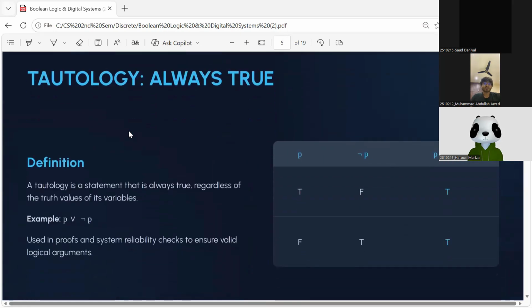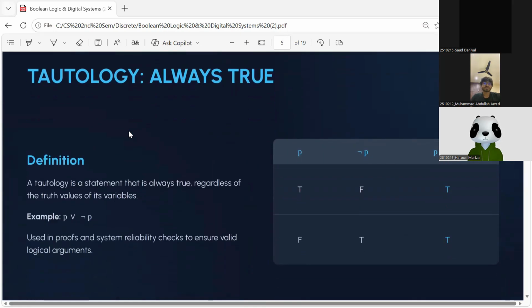So we have tautology, which is a statement that is always true. Here we can see that if T is true and we put an OR gate between T and not T, not T means the opposite of T. So if T is true, the opposite of T will be false.